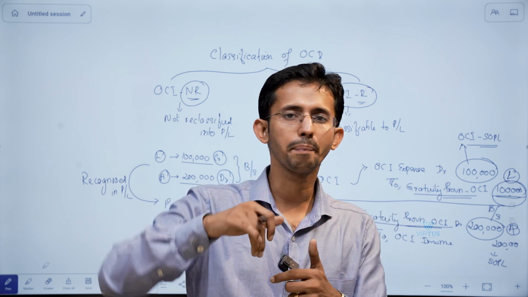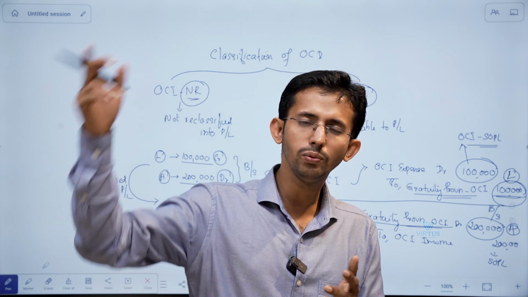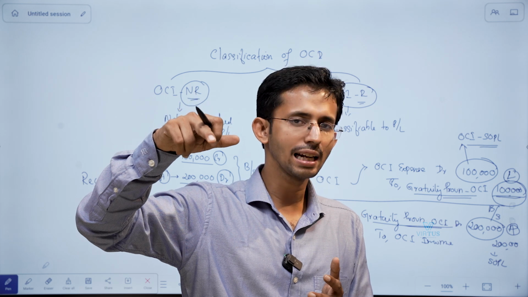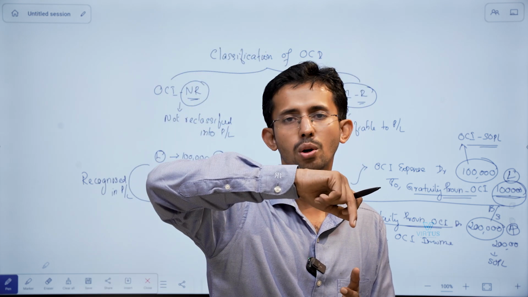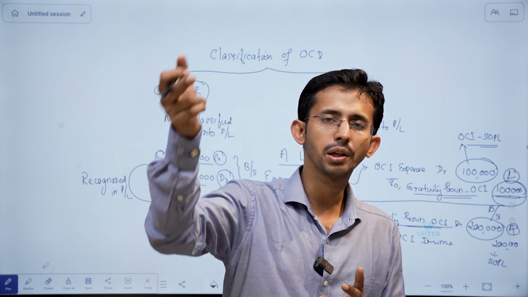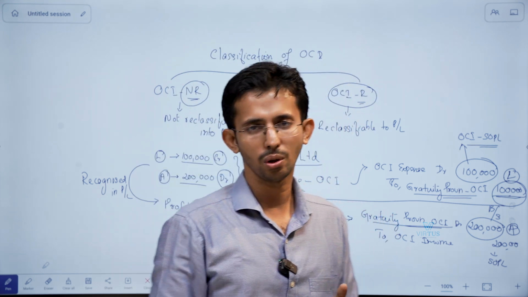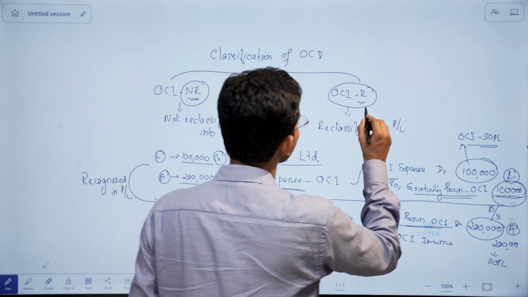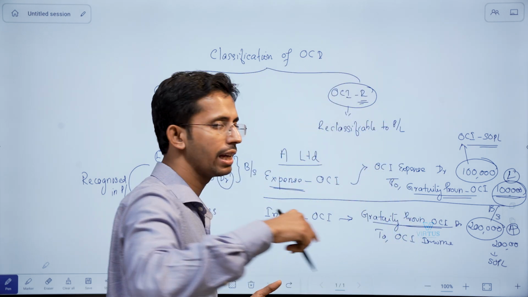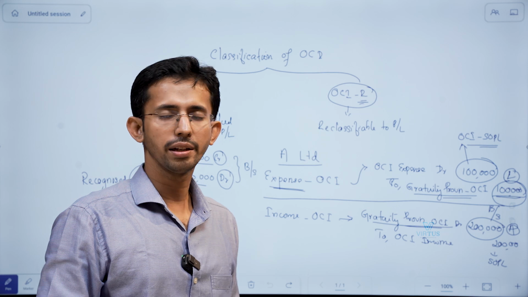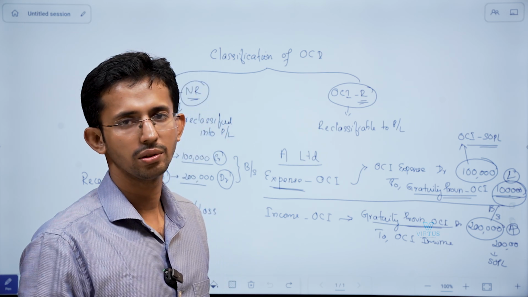Rather, you showed it separately. But in the year in which you de-recognize that asset or liability, if you are required to route it through profit or loss, then such items are known as OCI R, or OCI which are reclassifiable to profit or loss.